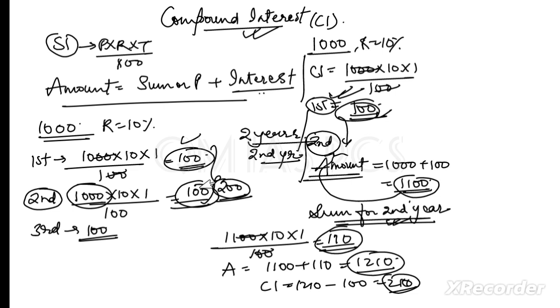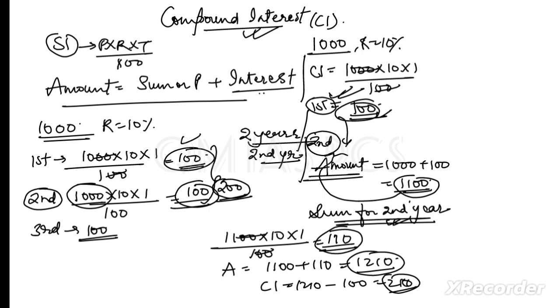So from the second year your interest will differ by some amount. For the third year the difference will not be 10 rupees, it will increase. Every year the interest will increase, right? Are you getting my point? It's very important, you can note it down.